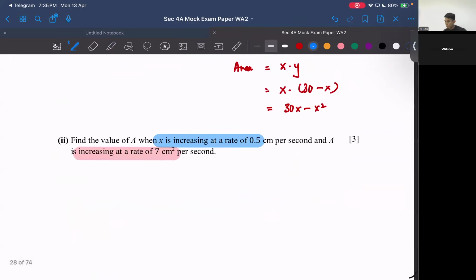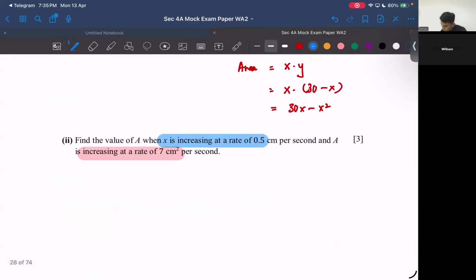How can I write these two in an equation? dx over dt is equal to this, in cm per second, and dA over dt is 7 cm squared per second.